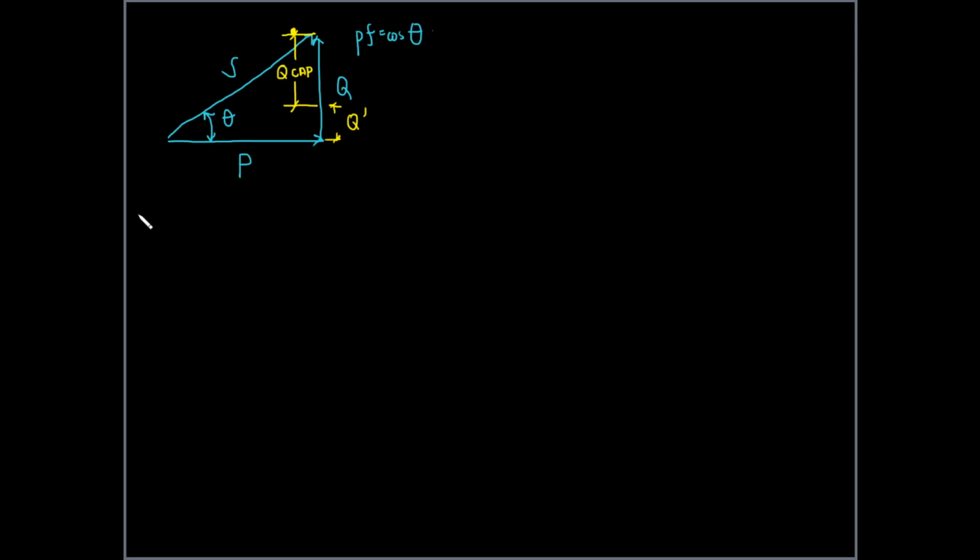And from there, you can see that this triangle is now going to close out because the angle is going to decrease. And if the angle decreases, your power factor now increases. That's the first thing you have to remember.